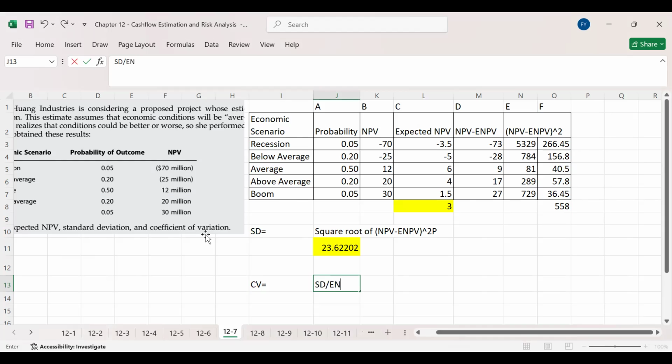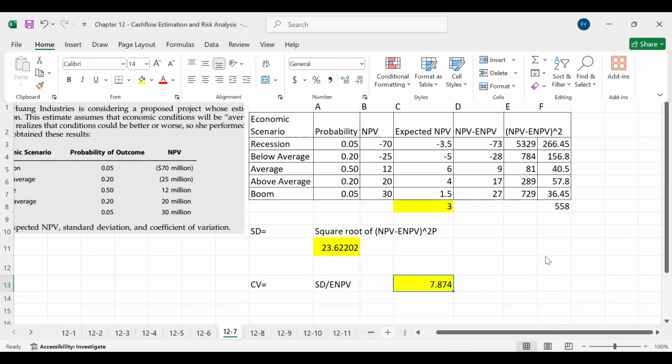Here the standard deviation is 23.622, divided by 3, which is the expected NPV. So the answer is 7.87 times. This means that the risk is 7.87 times as compared to the return. Or if the return is 1 time, then the risk is 7.874 times.